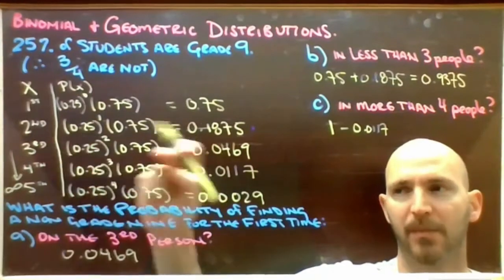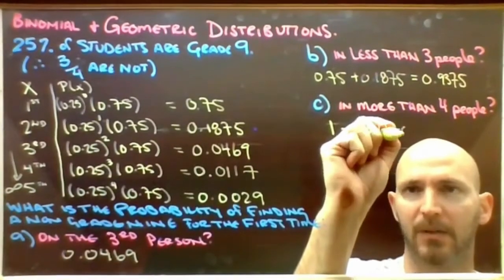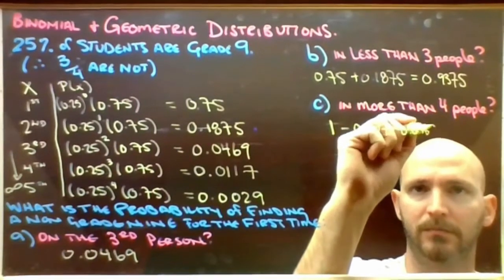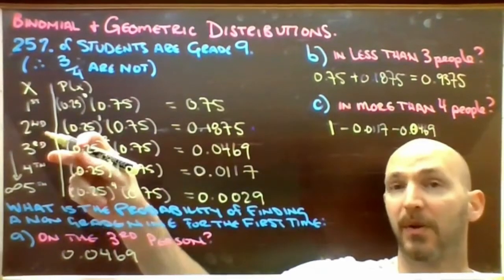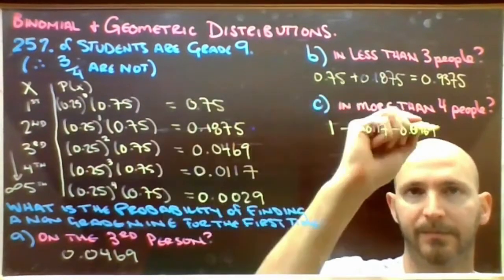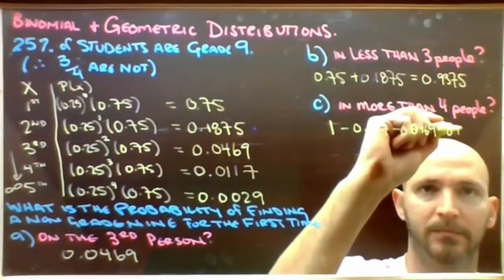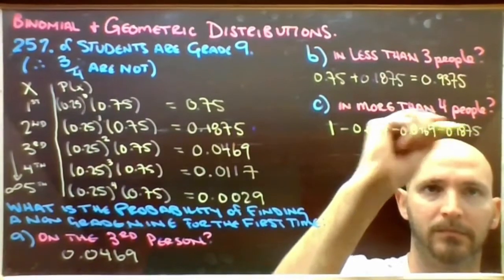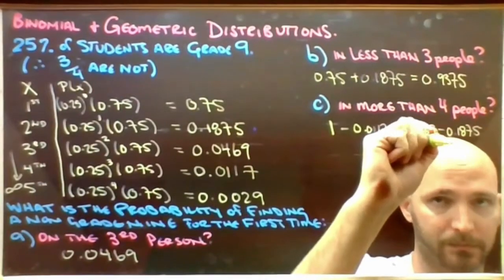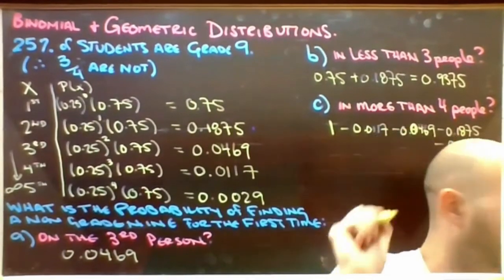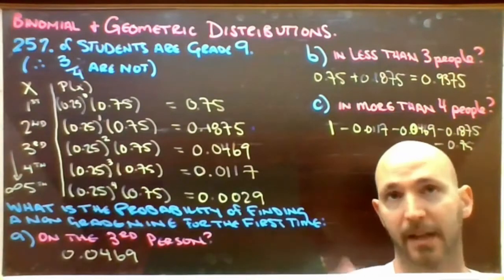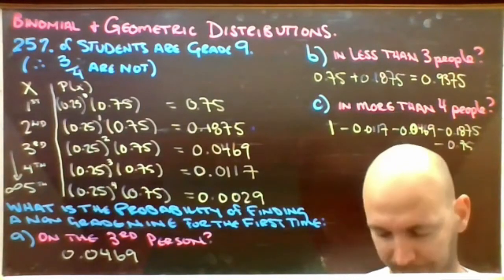I don't want this row. I'm going to take it out, because finding it on my 3rd person is not more than 4. I'm going to take this one out, and I'm going to have to take this one out. Because finding someone on the first try is not more than 4 people either.